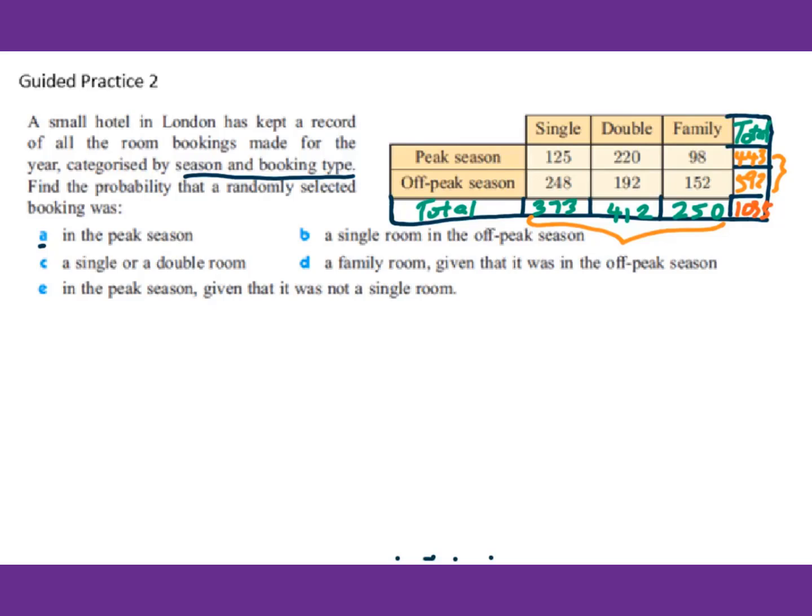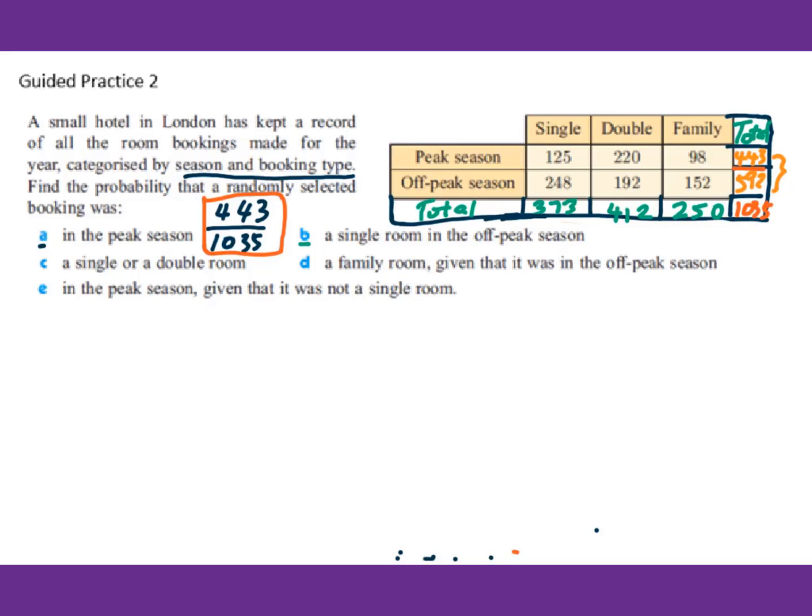For A in the peak season, we have 1035 as a denominator. Peak season, that's 443, this number. So this will be the probability to A.